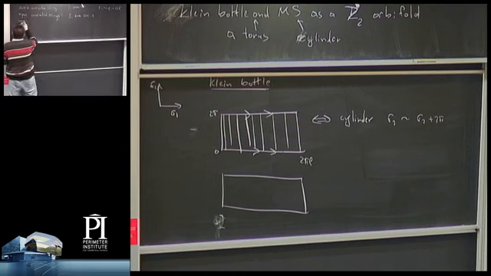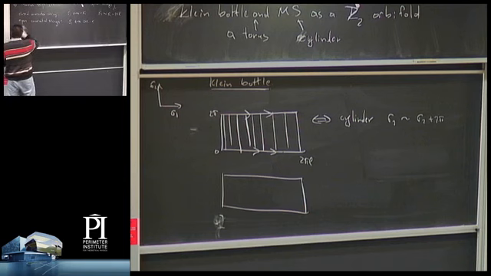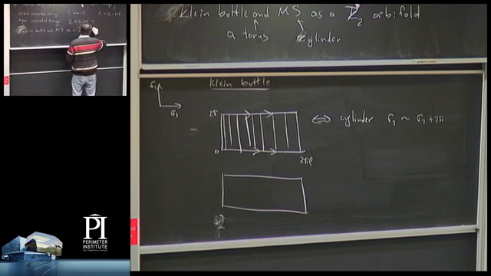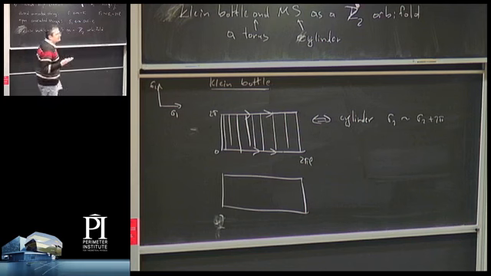So we'll talk about the Klein bottle and the Möbius strip as some particular Z2 orbifold, some kind of Z2 identification of certain oriented surfaces.